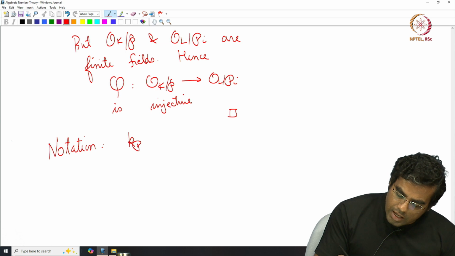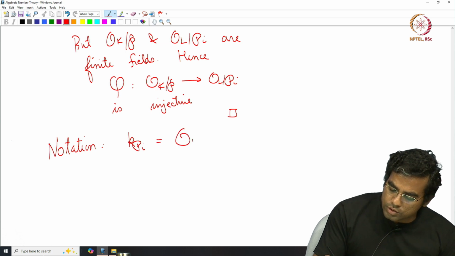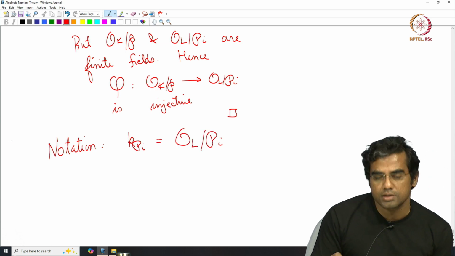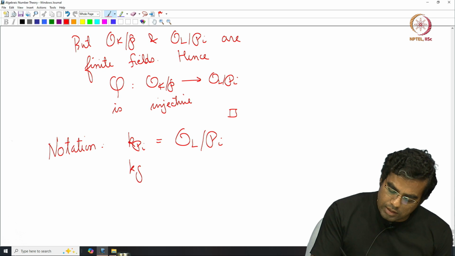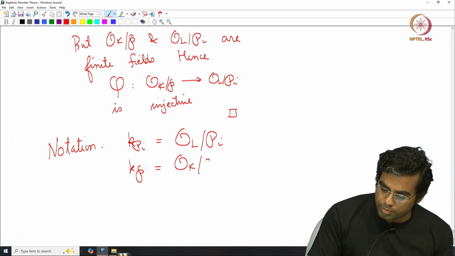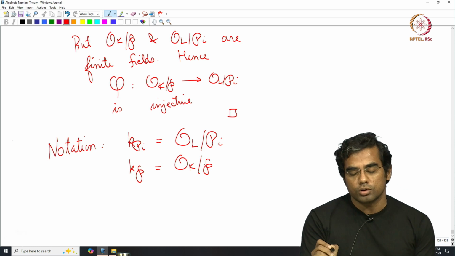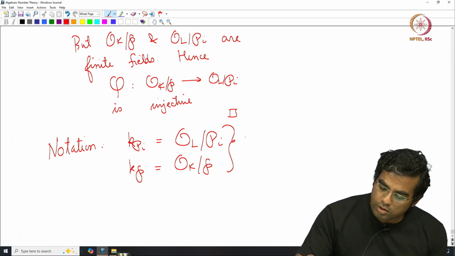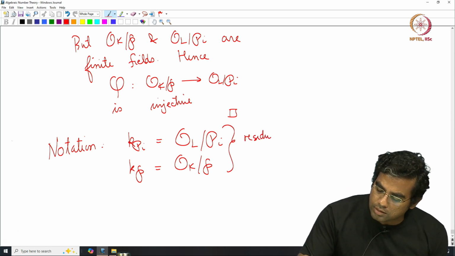We denote by K_{P_i} this O_L mod P_i, this is a finite field, and then K_p is O_K mod P, right. So, these are called residue fields.